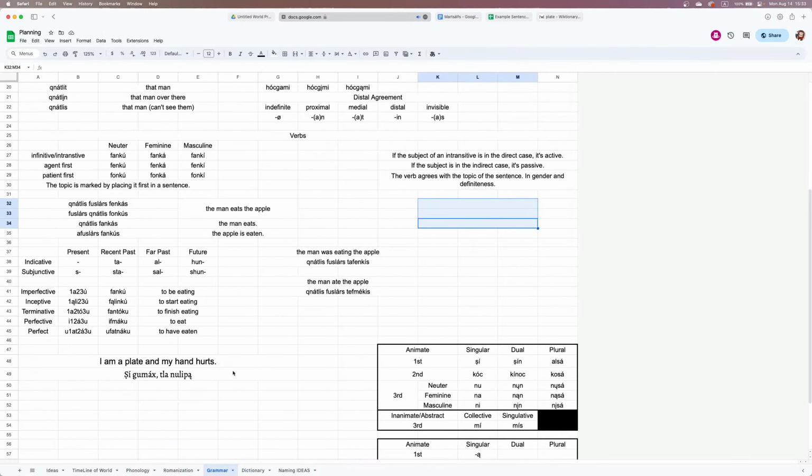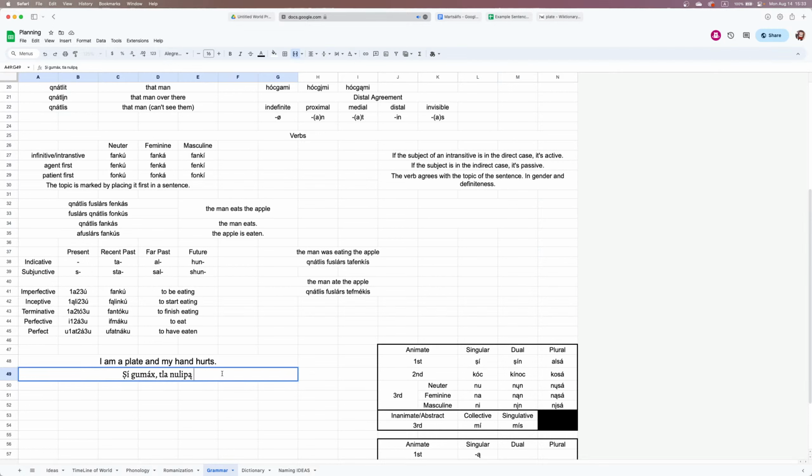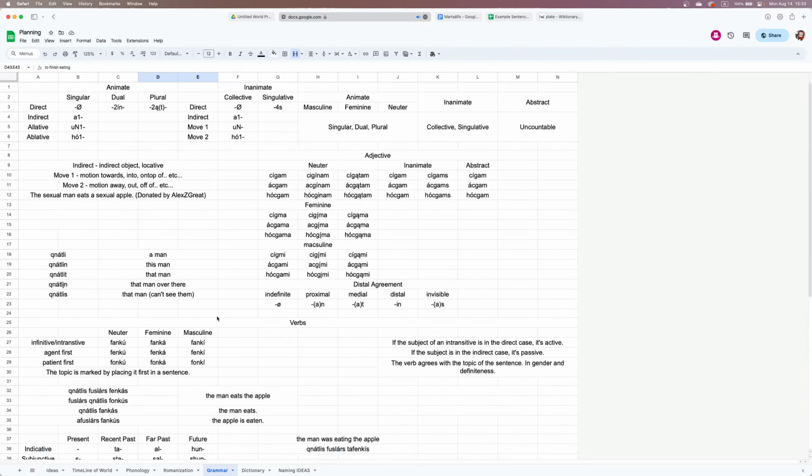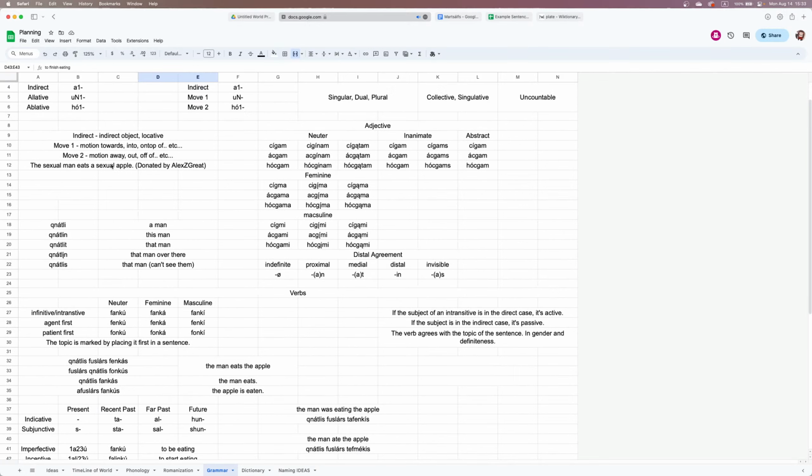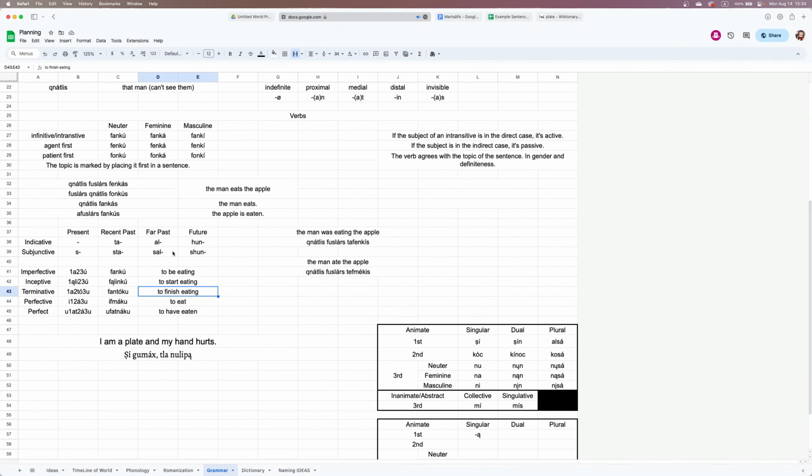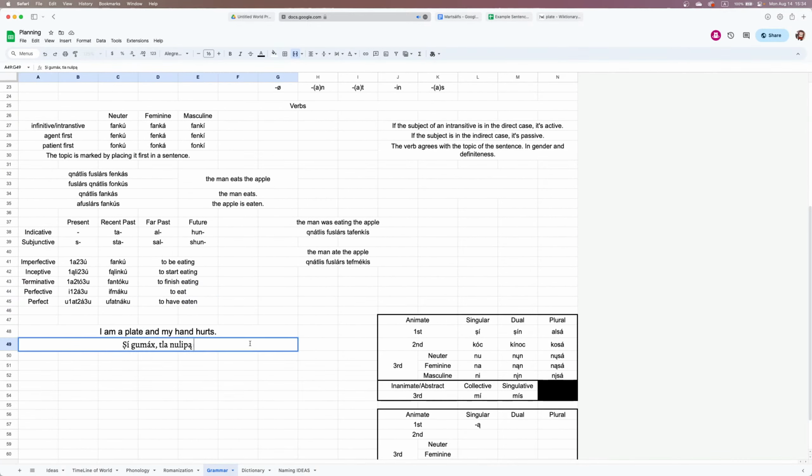But anyway, nulipa, tla nulipa. My hand hurts. Tla nulipa. It is intransitive, so panu.